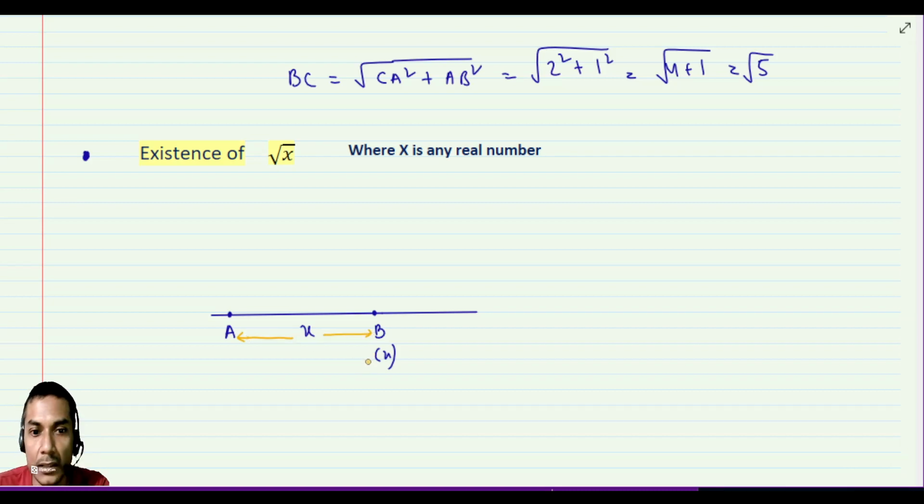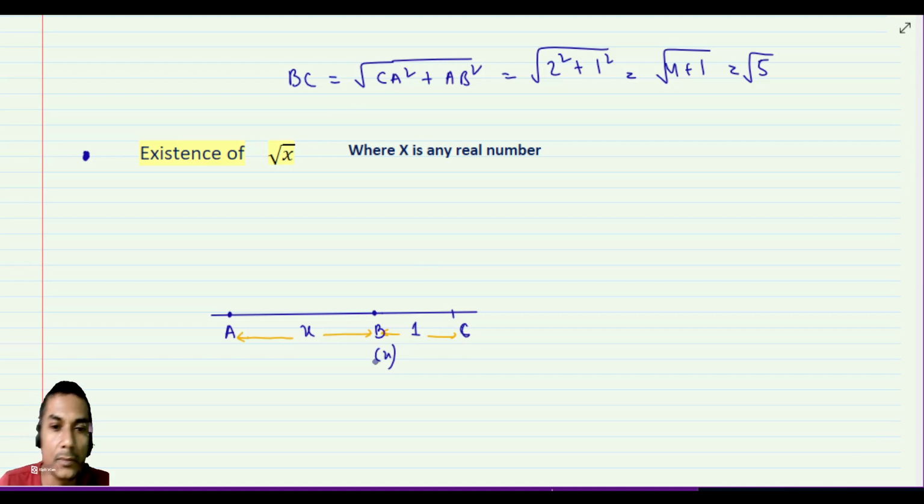Okay, correct. Then, as I already told you, we can consider 1 centimeter as 1 unit. You consider the 1 unit distance from B, and take the point C here.